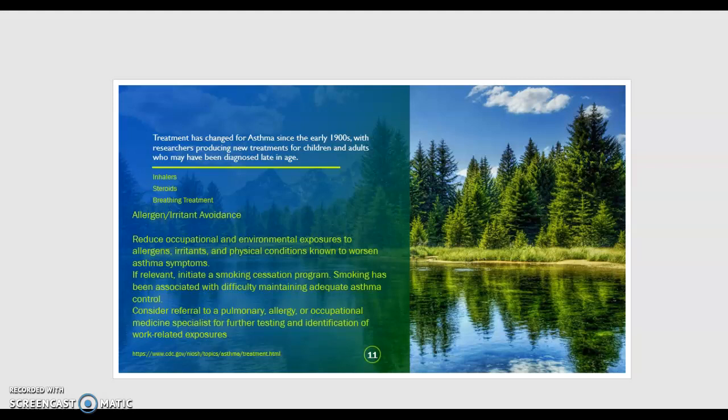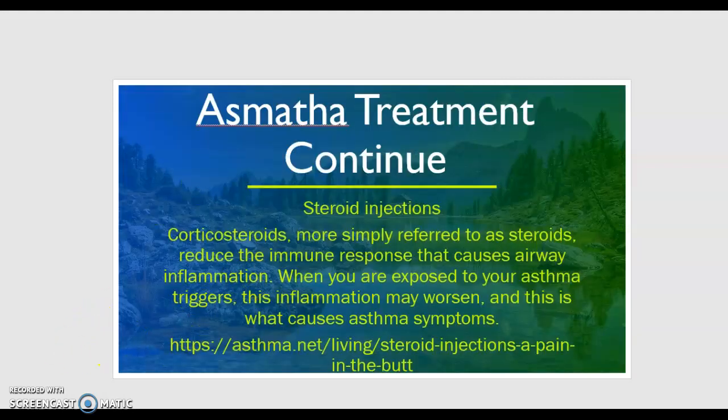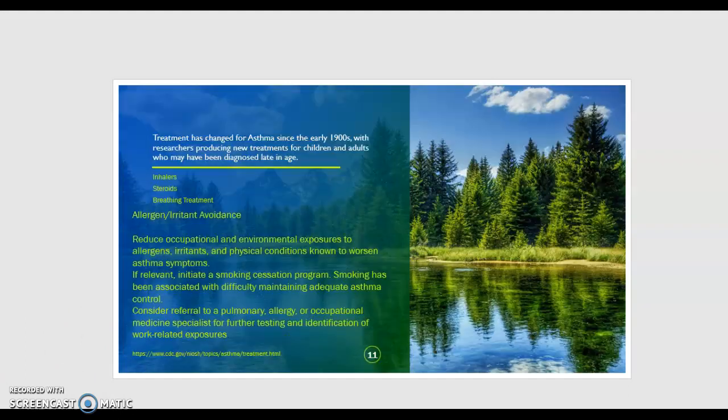Some ways that you can help yourself are to reduce occupational and environmental exposure to your allergens and irritants, and also stay away from people who smoke cigarettes. Those things also can affect your lungs. And also by seeing your doctor regularly, getting regular checkups, and staying on top of your asthma and your treatments.